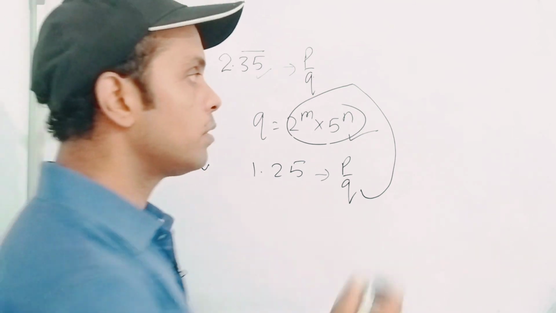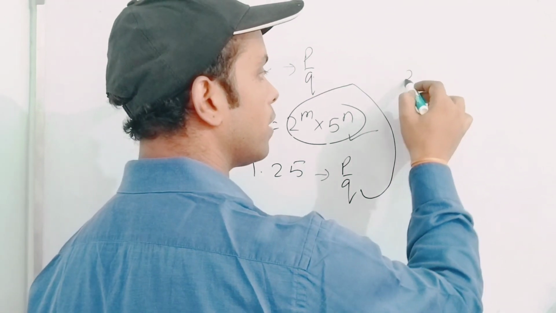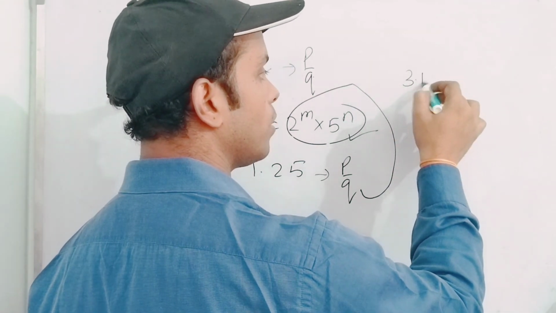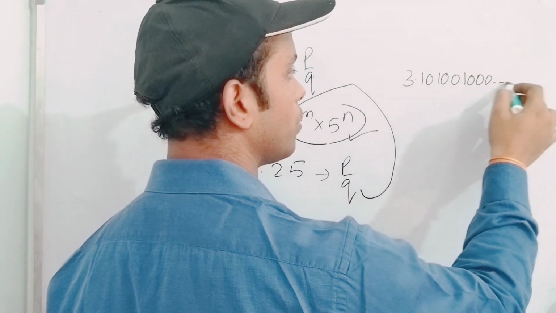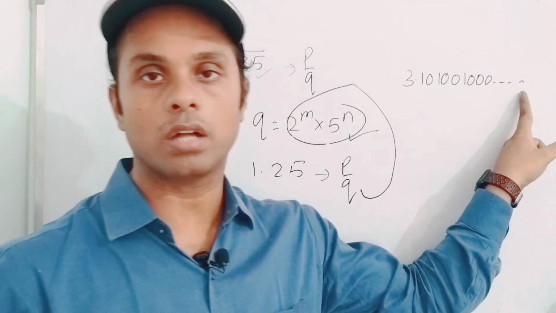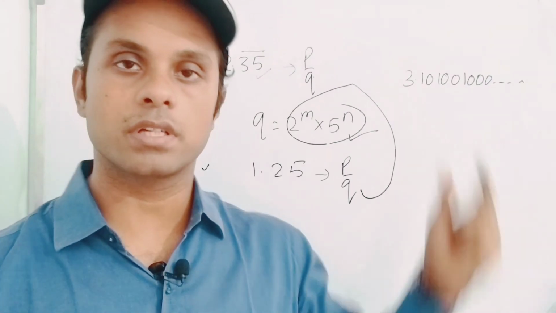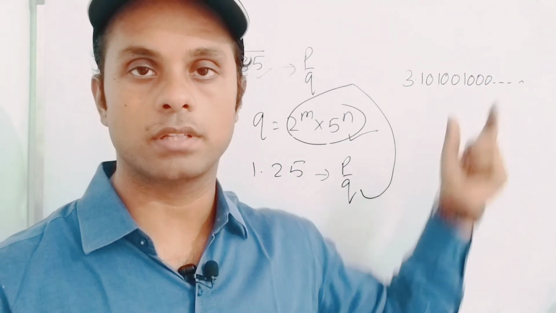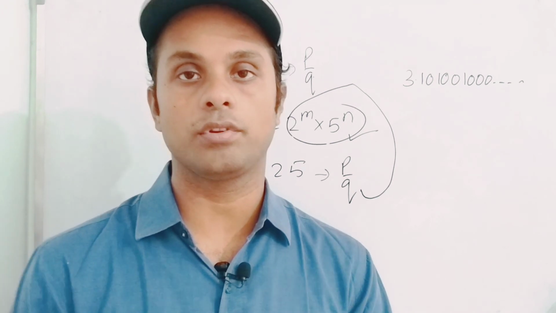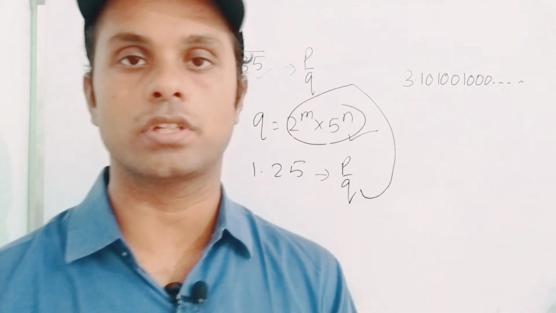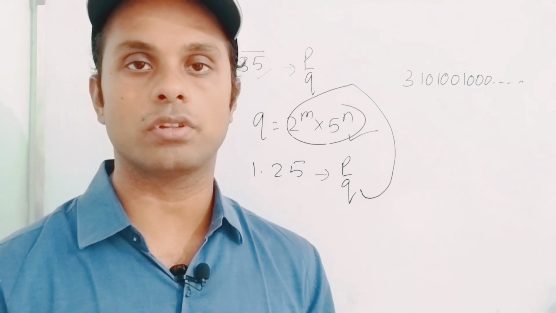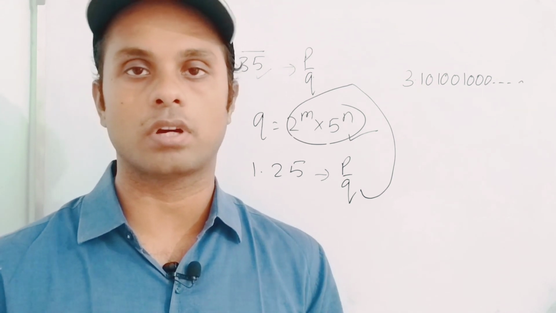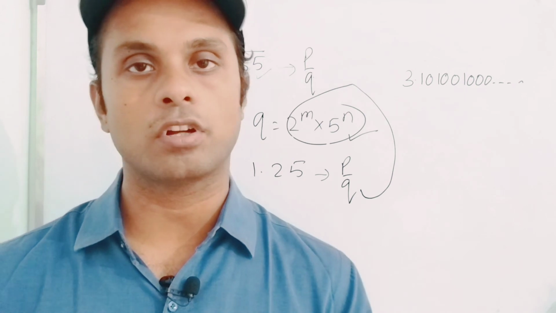Now another example, suppose you are given 3.10100100 and so on. Already we have discussed these topics in another lecture, and if you didn't watch those lectures on my YouTube channel, please visit there and watch all those lectures to clear your concepts and for a quick revision also.